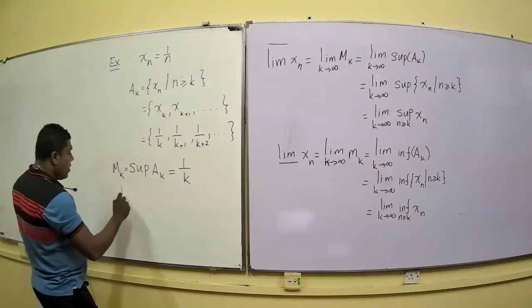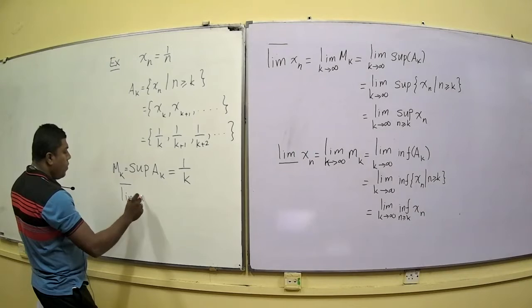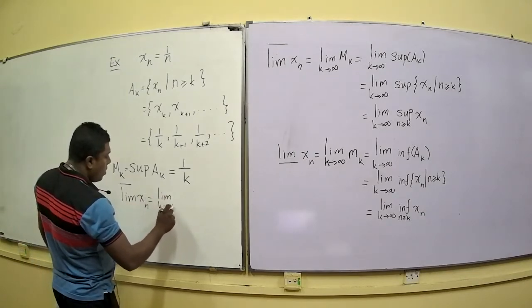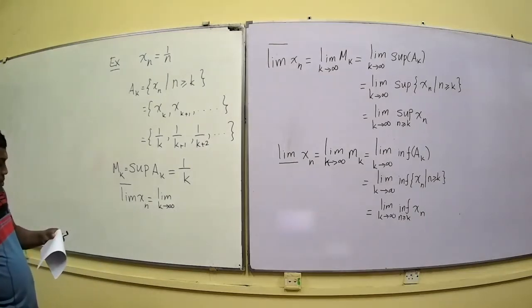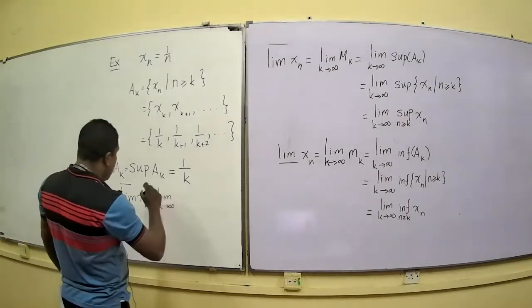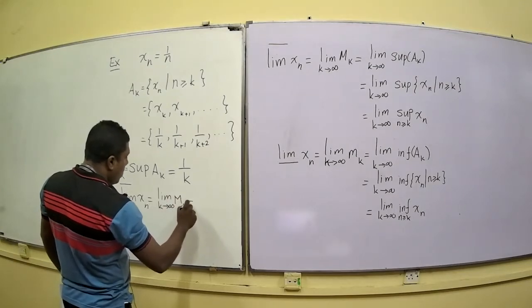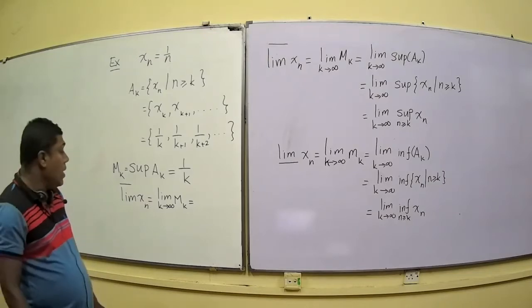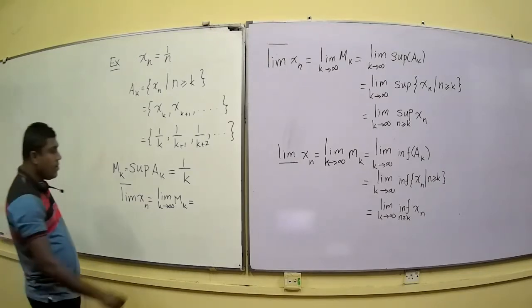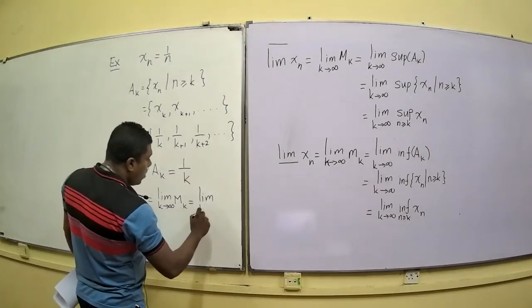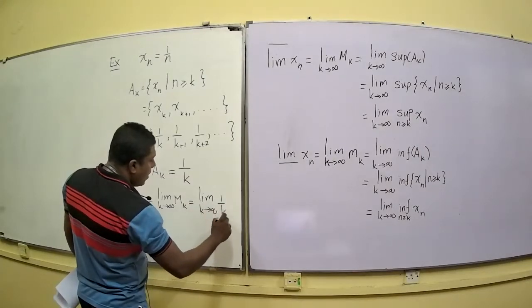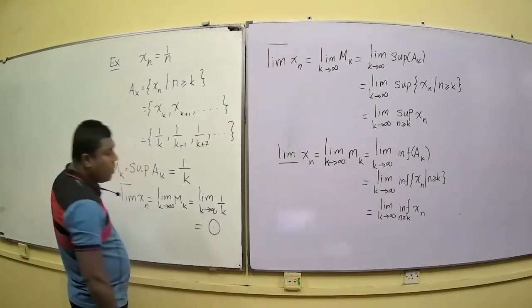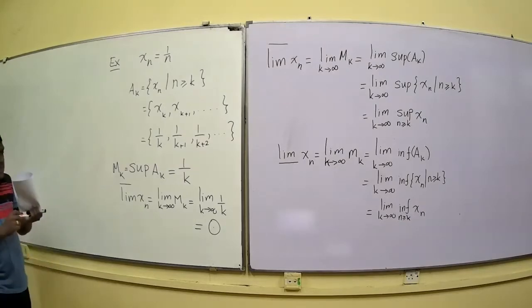Once you know the supremum, you can find the lim sup of xn, which is the limit as k goes to infinity of mk. That is the limit as k goes to infinity of 1 upon k, and we already proved at the beginning of the second chapter that this limit is 0.